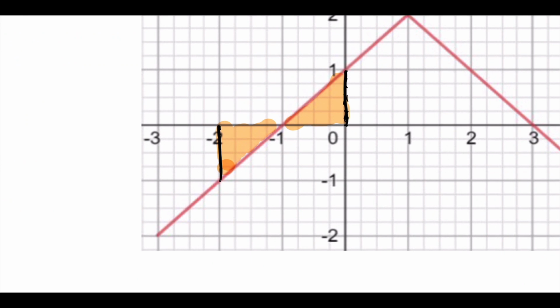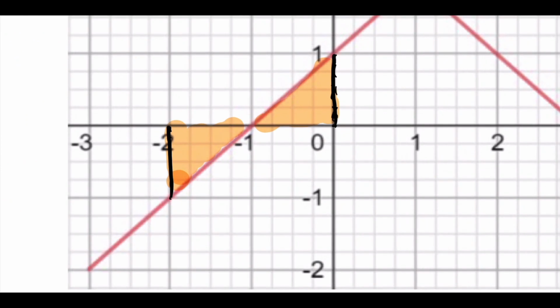All right, well, this is a triangle. This triangle here has a height of 1 unit. It's got a base of 1 unit. Area of a triangle is base times height divided by 2. So if I multiply and divide by 2, I get 0.5. This guy right here is the same thing.